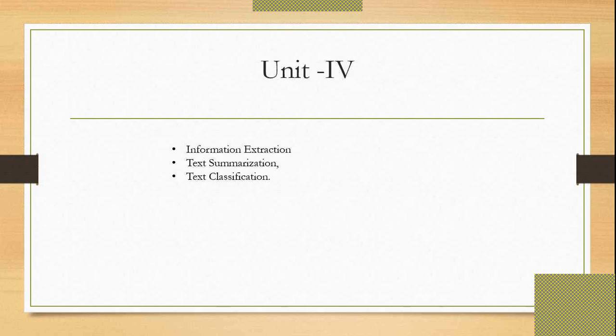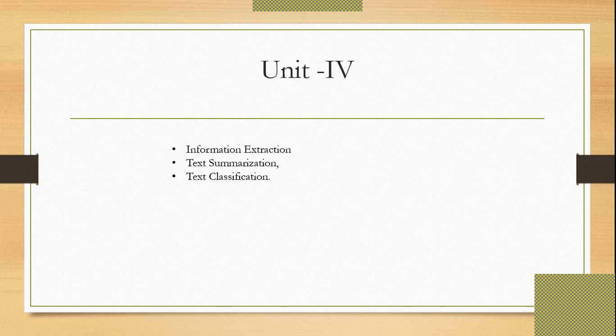Let us consider you are collecting data from 100 web pages, and you are making one bulk of documentation by extracting the information from websites or any other resources. Once you extract the information, is it useful? That is random data, unstructured data. So information extraction is nothing but extracting from the unstructured data.